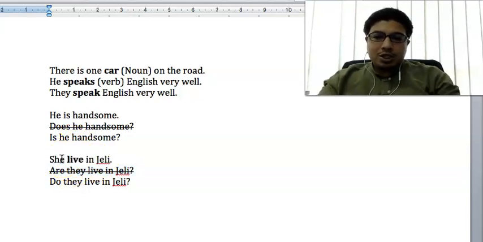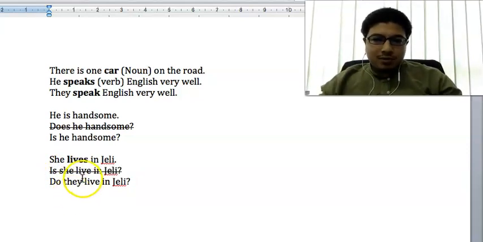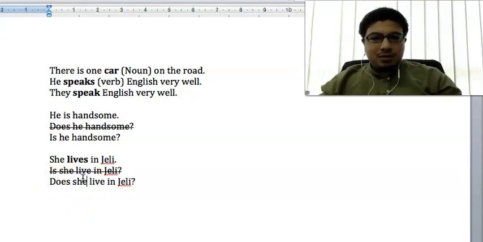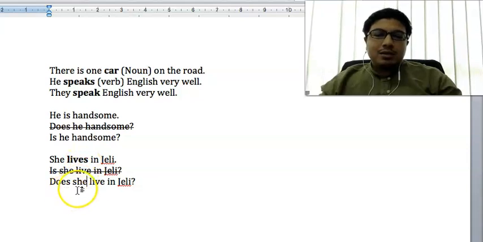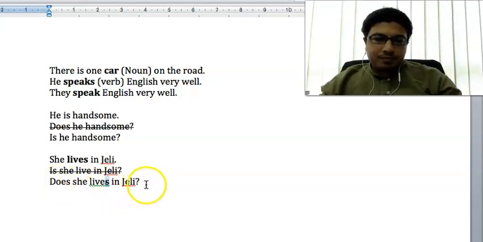If the statement is she lives in Chile, the question shouldn't be is she live in Chile, that is wrong. So you say does she live in Chile? Although you say she lives in Chile, when you put it in a question, you say does she live in Chile? You don't put an s in live, because after do, after does, after did, the verb has to be in the base form.